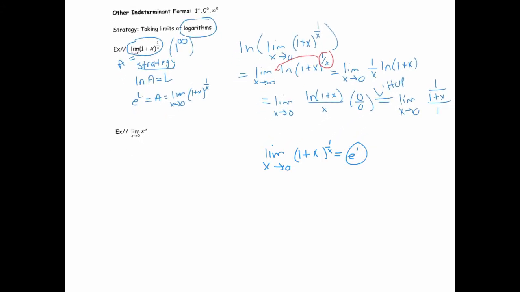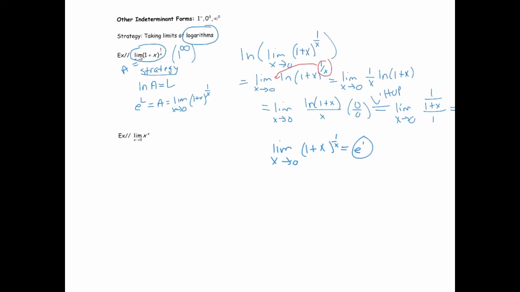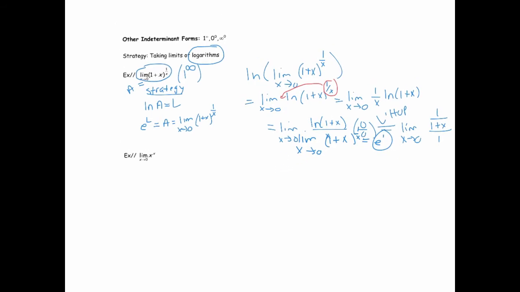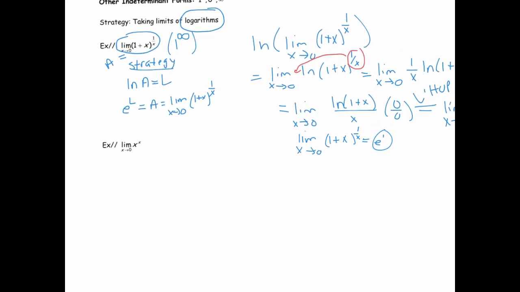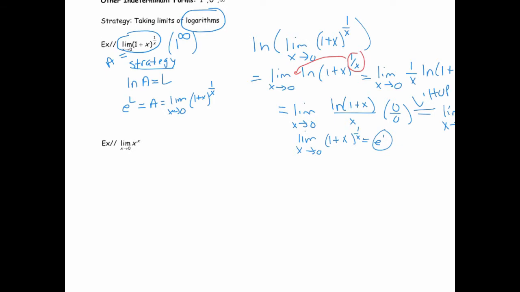Let's do another one. Let's do the limit as x goes to 0 of x to the x. So again, you plug in 0, you get a 0 to the 0 form, which is indeterminate.